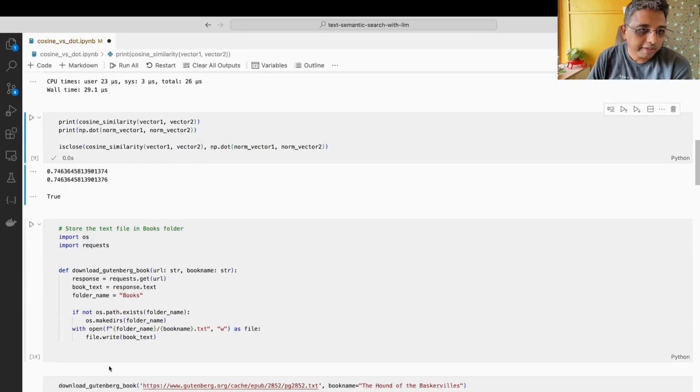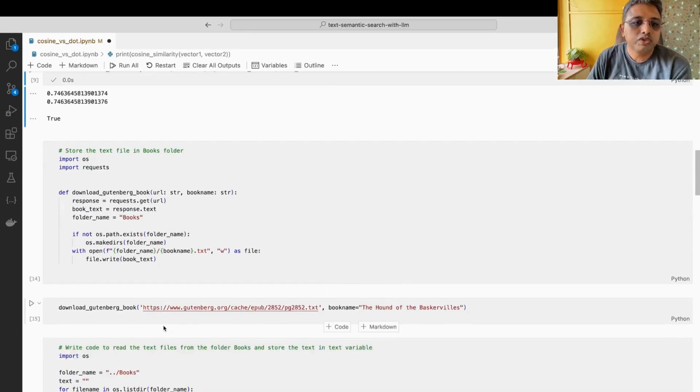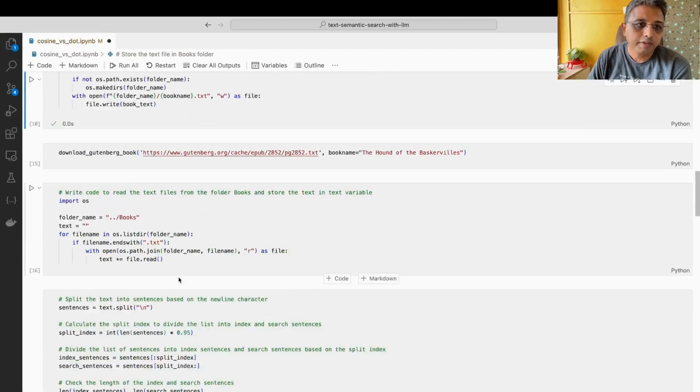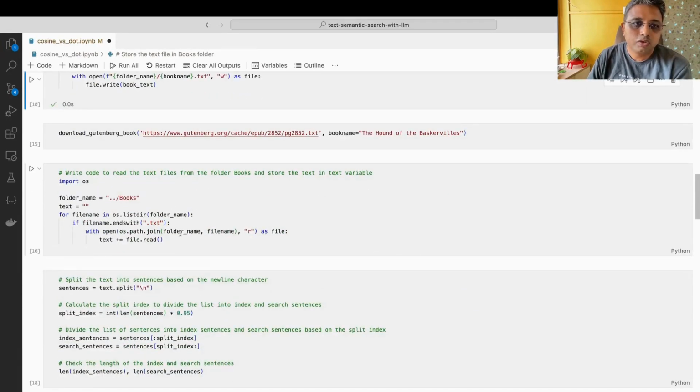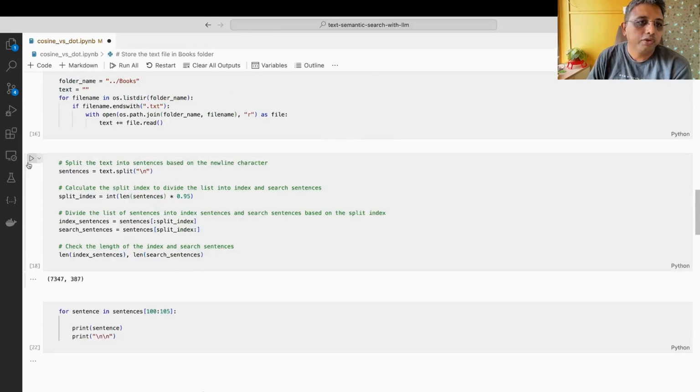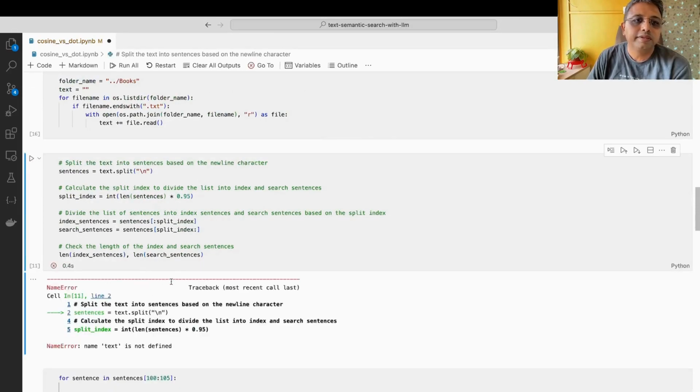Now here I am downloading a book from the Gutenberg website, Project Gutenberg. I have already downloaded the book, so I am not re-downloading it. It is present like this, Hound of Baskerville. This is the code to download the book, and then I am splitting the text into sentences and an index.